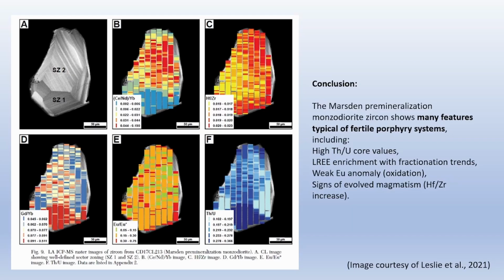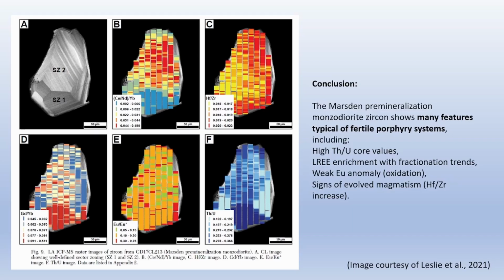Another quiet but compelling clue that this zircon grew in a magma that had the right chemistry to carry copper and gold. In panel F, we have thorium over uranium.